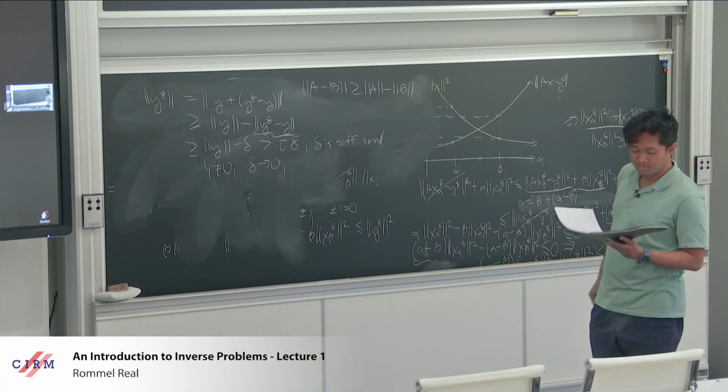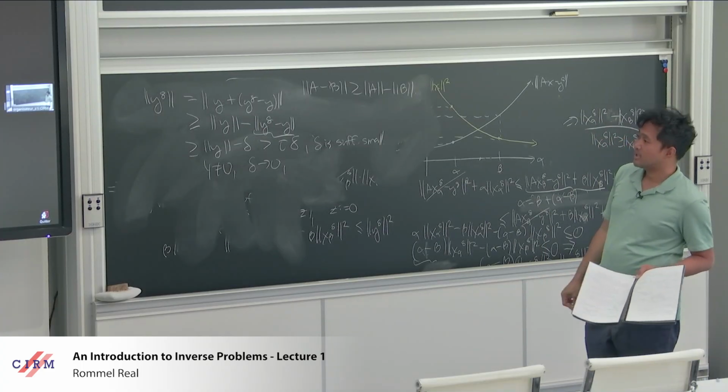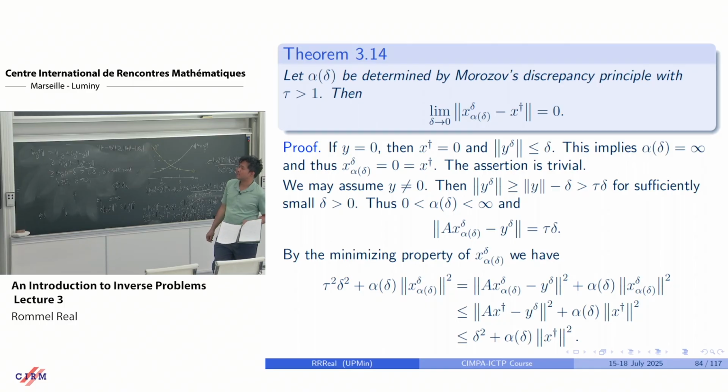So we must be able to find tau, with tau greater than 1, of course.